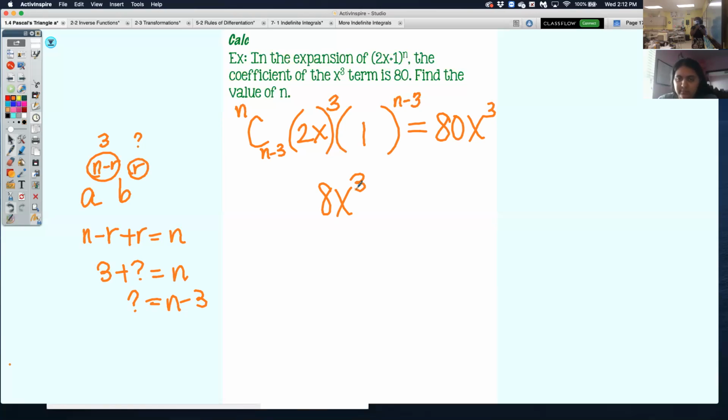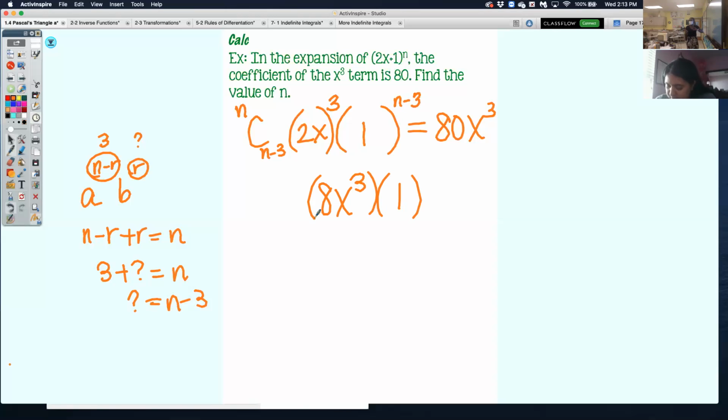It's going to be 1. Just think about it: 1 to the 5th power is 1, and 1 to the 100th power is 1, no matter what. So this whole expression of 1 to the n minus 3 doesn't matter what n is, because since it's 1 raised to that value, it's going to automatically be 1.